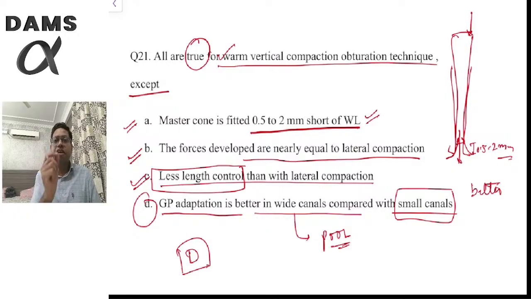In wide canals, the gutta percha would melt, but it is highly unlikely that it would cover the entire surface in a uniform manner. There would be potential for more voids as compared to narrow canals. So, gutta percha adaptation is better in small canals and poor in wide canals. As our option is listing the reverse, option D would be the answer over here.